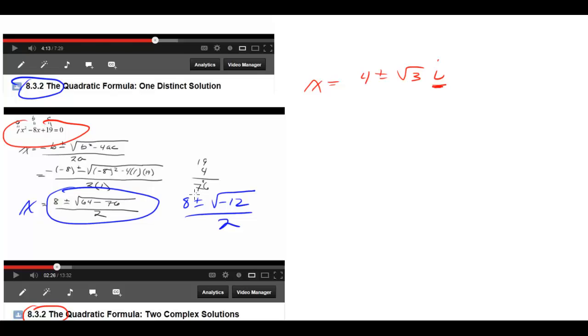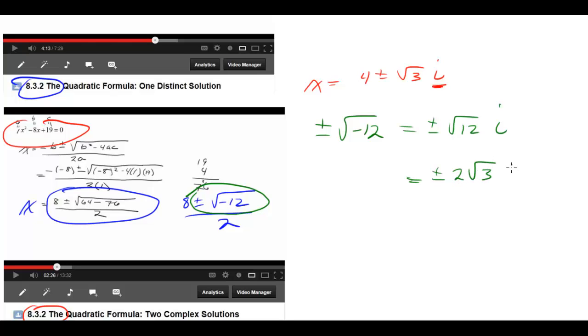Let's focus in on this part right here. So we have plus or minus the square root of minus 12. Well, that's plus or minus the square root of 12i, which is plus or minus 2 times the square root of 3i.